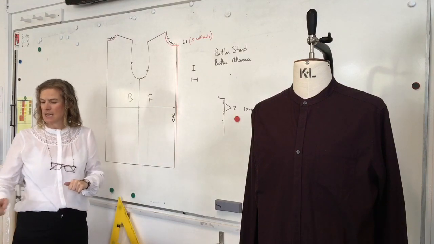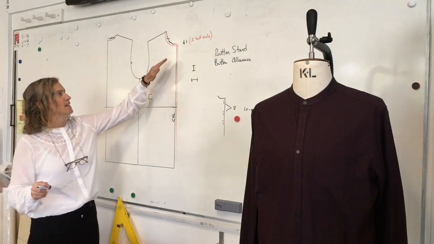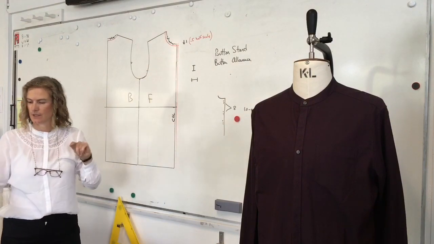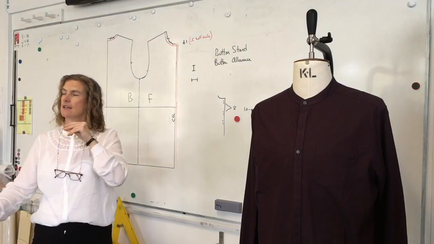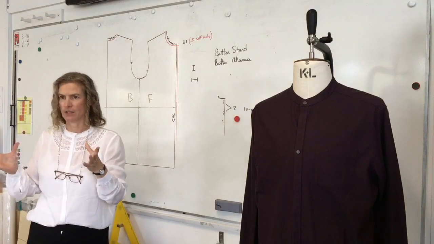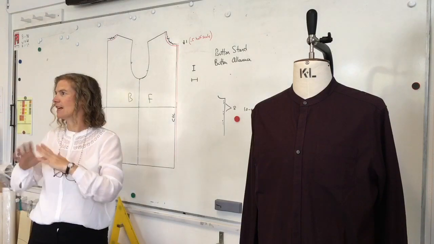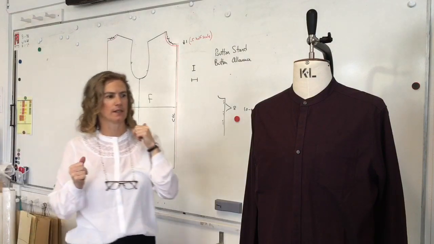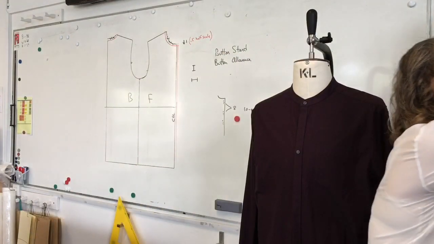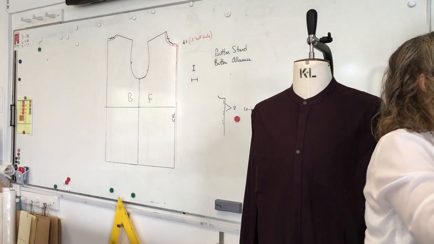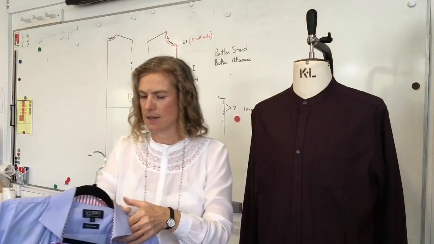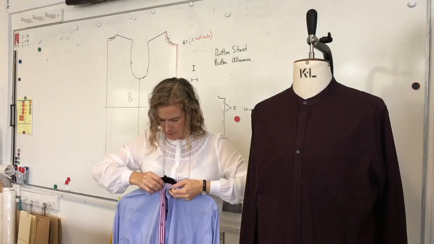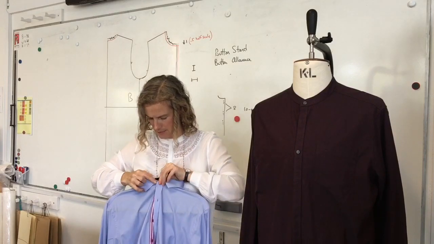All right. And then where do they start? So starting the buttons, it depends on whether there's a collar or not, and whether there's a button on the collar or not, and how you want it to sit at the top. So classic shirts would have a button on the collar, say.